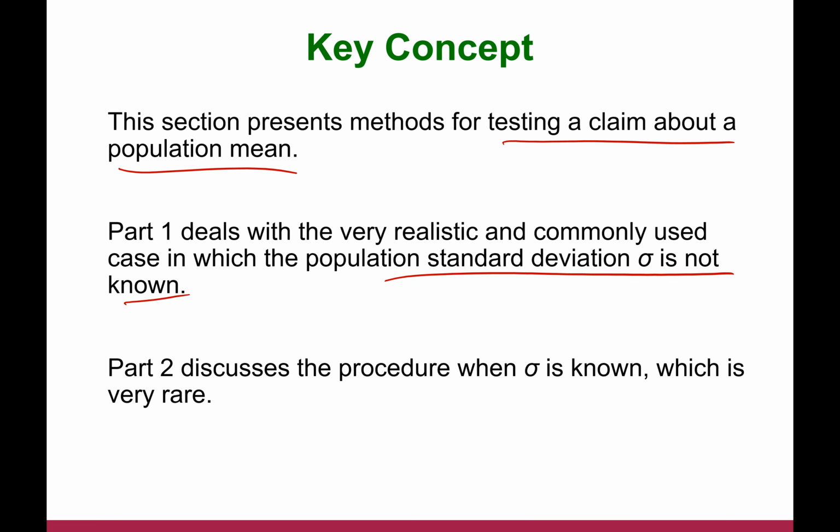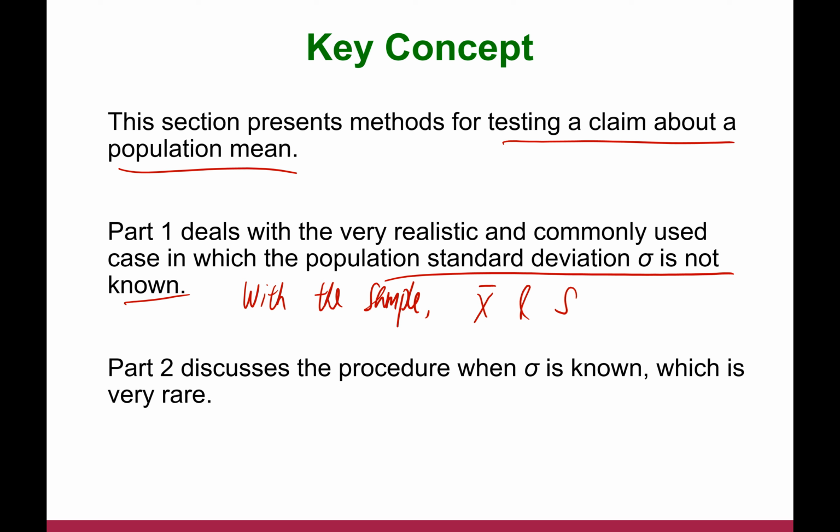That means you start with the sample. We can easily come up with the sample mean and then the sample standard deviation. So you conduct a survey, a poll, collect the data, get a sample.